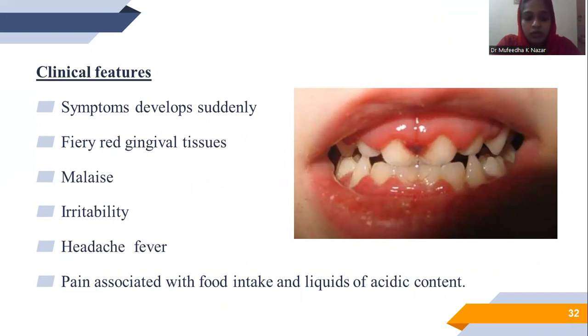Usually, there will be cervical lymphadenopathy, and the fever will be as high as 101 to 105 degrees Fahrenheit. There will be herpetic vesicles formed, which may rupture and form ulcers, and this may lead to pain while food intake and also during intake of liquids of acidic content.